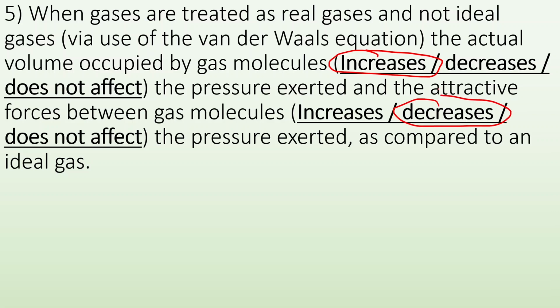Right, so the pressure goes down because those molecules are attracted to each other, which means they're not flying off with as much energy. So reading this in full, when gases are treated as real gases and not ideal gases, the actual volume occupied by gas molecules increases, and the pressure and the attractive forces between gas molecules decreases the pressure exerted as compared to an ideal gas.